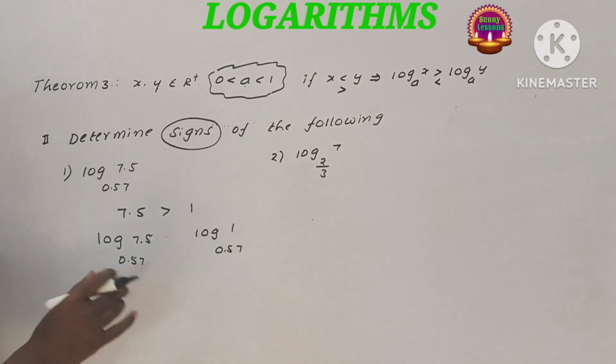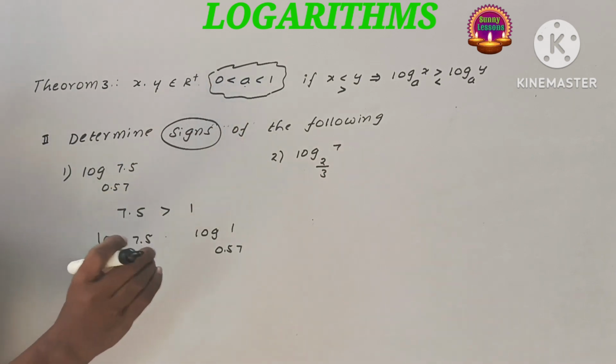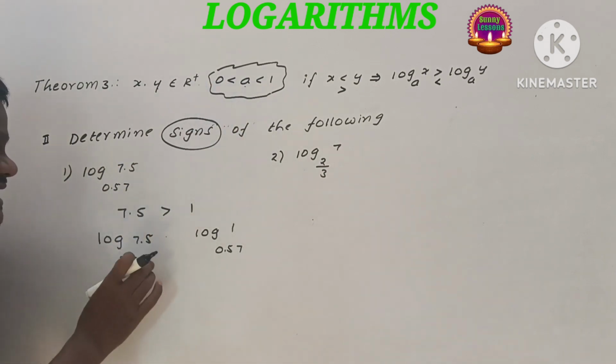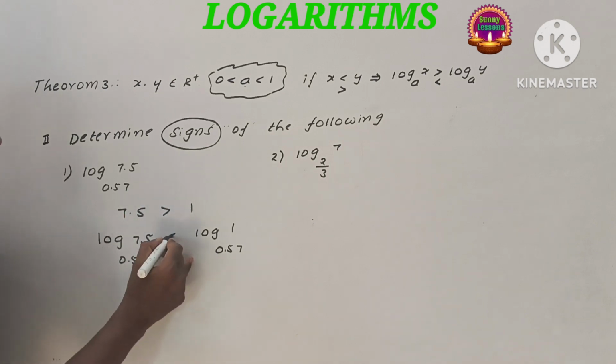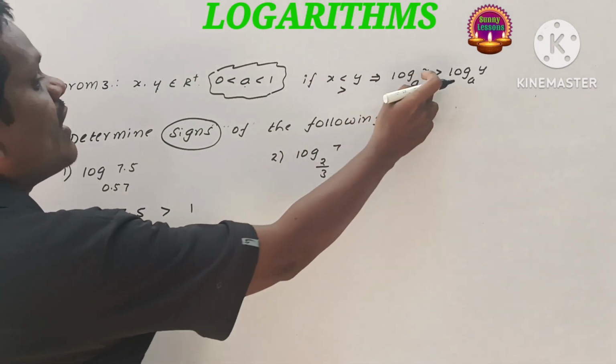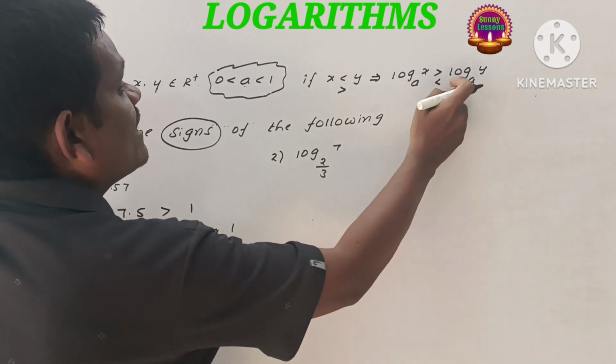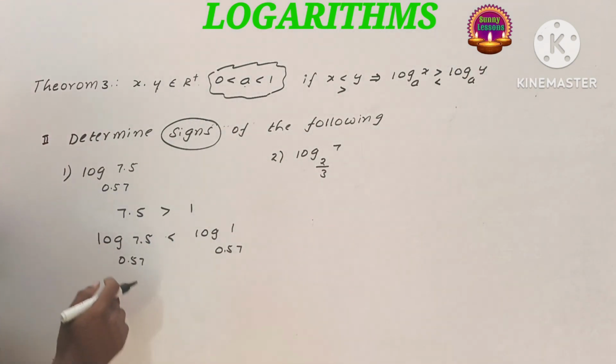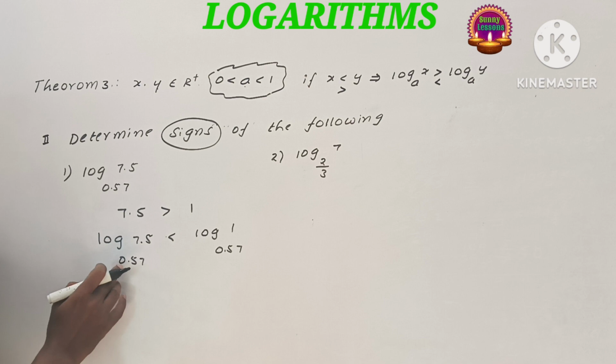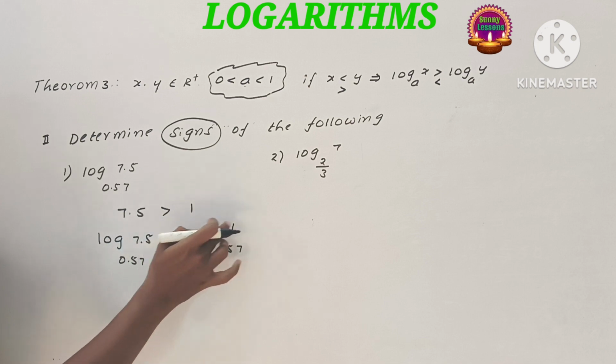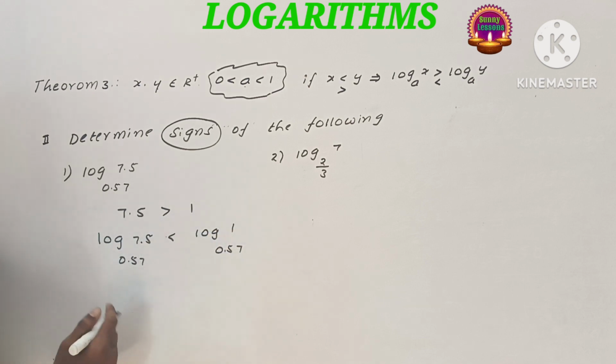What do we observe here? Here the base lies between 0 and 1, so the inequality will change. If it is greater than, then log x base a is less than log y base a. So log 7.5 base 0.57 is less than log 1 base 0.57.